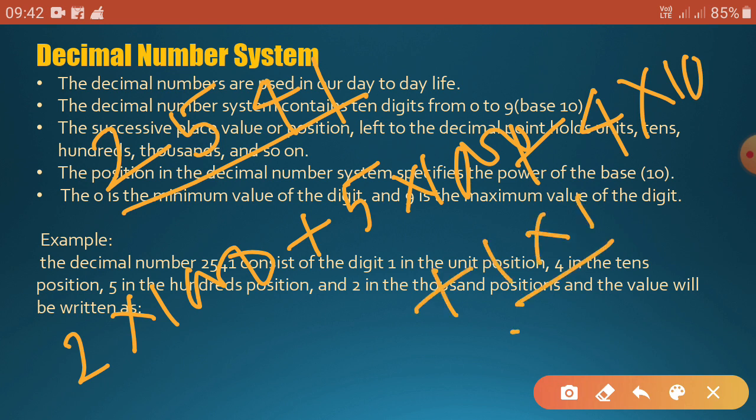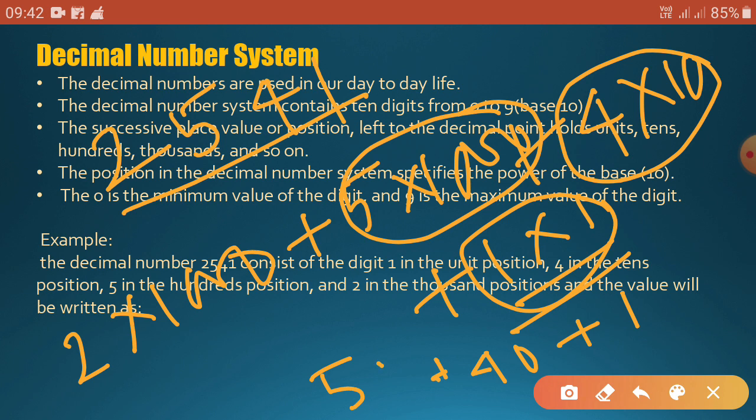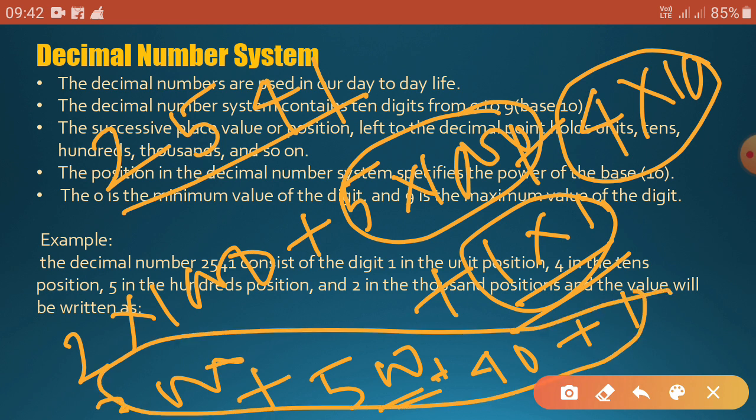So 1 into 1 gives us 1, 4 into 10 gives us 40, 5 into 100 gives us 500, and 2 into 1000 gives us 2000, and if we add all those numbers we will get 2541.